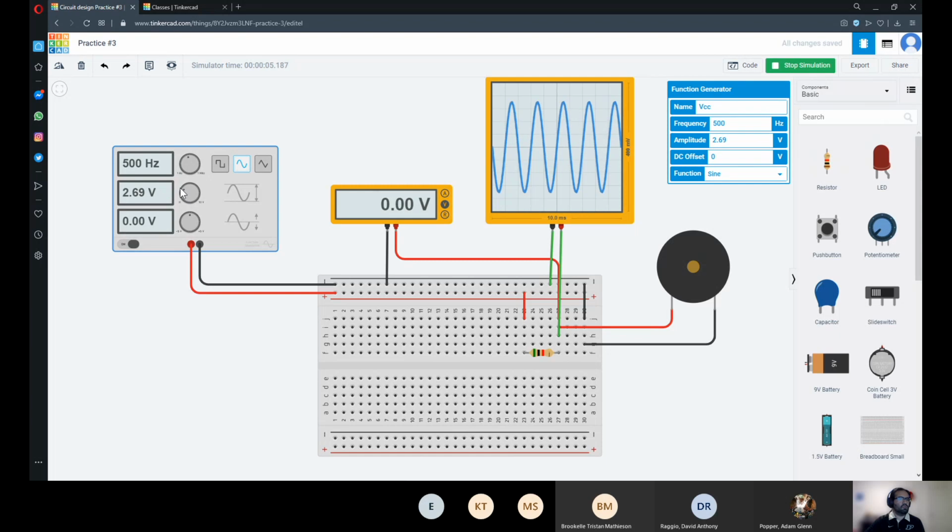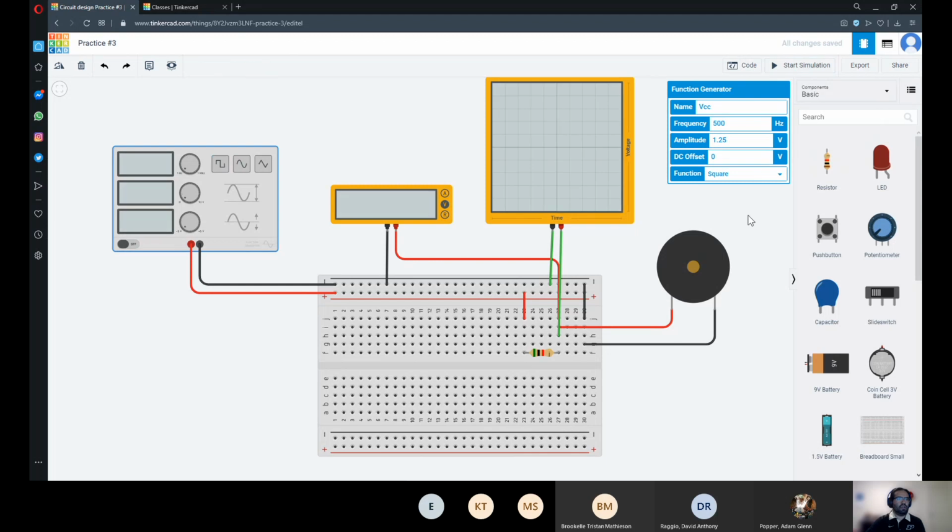There you go. Now it changes to 400 millivolts. For example, if we were to change the type of signal here, you can also make it a square signal, and the sound that it makes is different. Okay, I'm guessing some of you might be trying it, so I'm going to try not to play for too long.